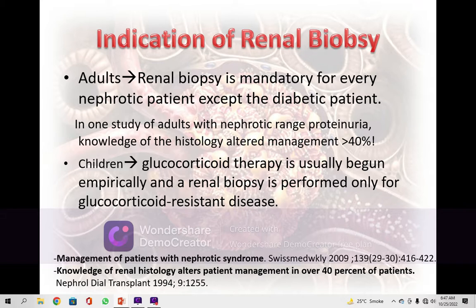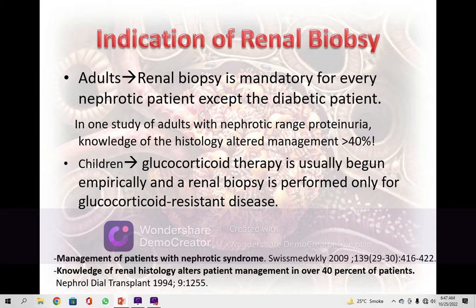In children, because in 90 to 95% of cases it is minimal change glomerulonephritis, which is primary glomerulonephritis, you will go directly for glucocorticoid therapy, and the renal biopsy is deferred.